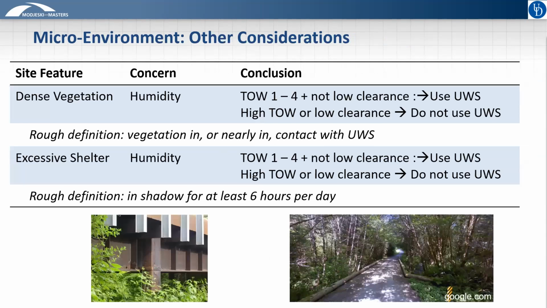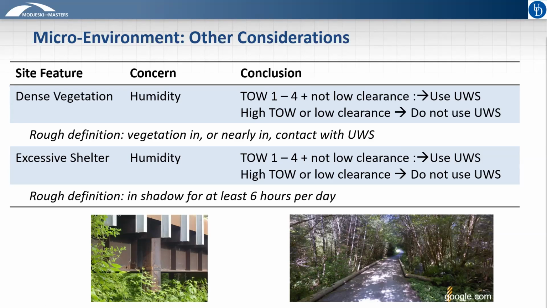In addition to what the bridge is crossing, 2 other microclimates to consider are those with dense vegetation and excessive shelter. Dense vegetation can be roughly defined as the vegetation being in contact or nearly in contact with the structure, as this increases the humidity or traps moisture, as shown in the photo on the left, where this girder is experiencing some through thickness section loss in that location.